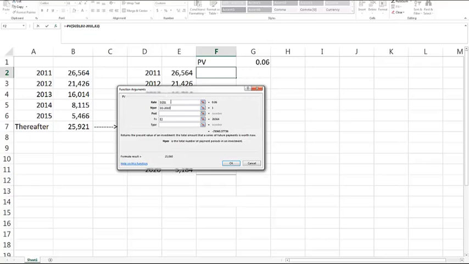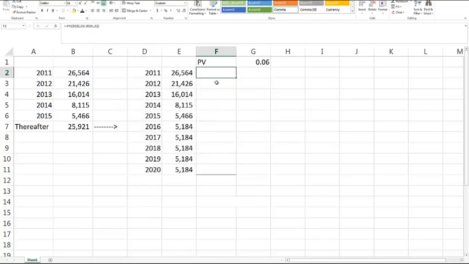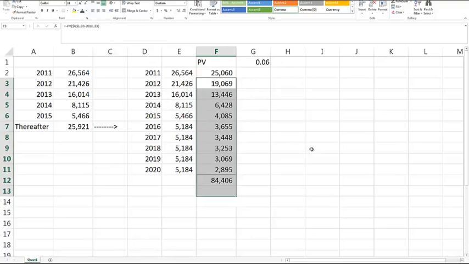Number of periods will be whatever the year is minus 2010. There's no payment because we're going to take the individual present value of a future value, and then the future value is in cell E2. So we figure that out, and we get 25060.